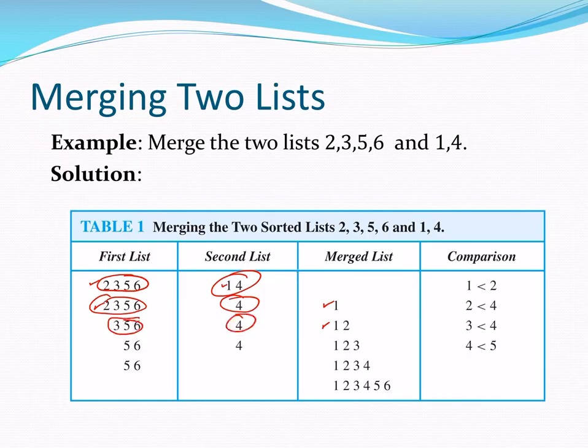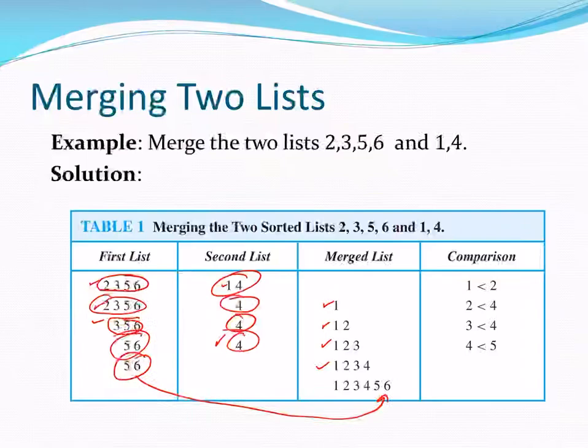Compare first elements. 3 is less than 4, so I pick that 3 and add it to my merged list on the right. This right list is unchanged. Left list now has 2 elements in it. The right list's first entry is the lower one now, so we add it. And that list is now empty, so we just take that 5, 6 and append it to the end of my merged list.